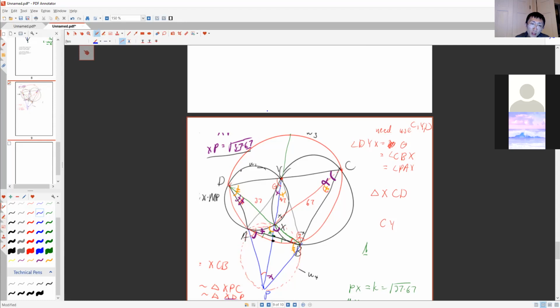So I have this hunch that DXB and CYXA are collinear, and I think that this point X is actually the symmedian point of triangle PCD.